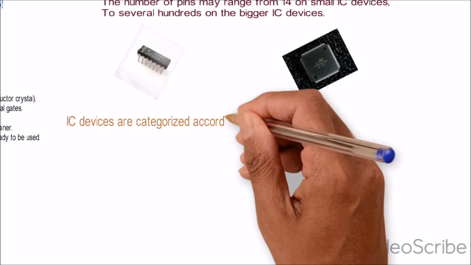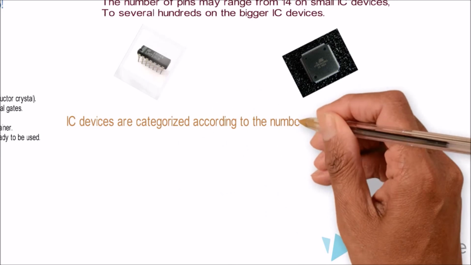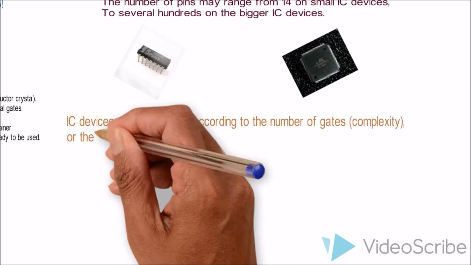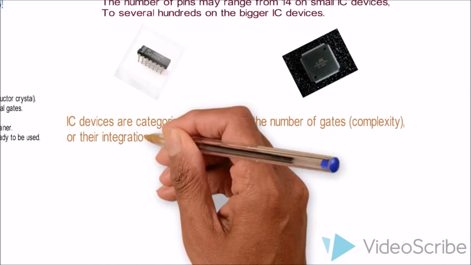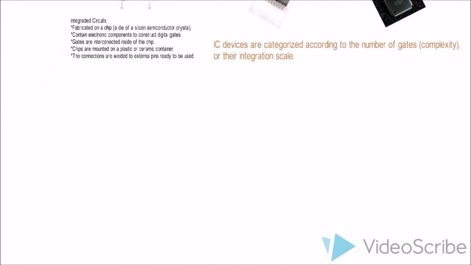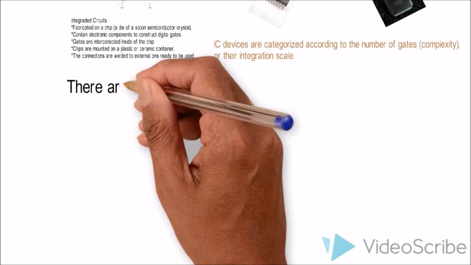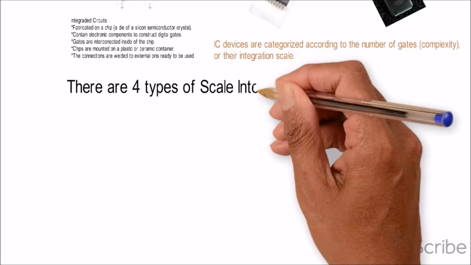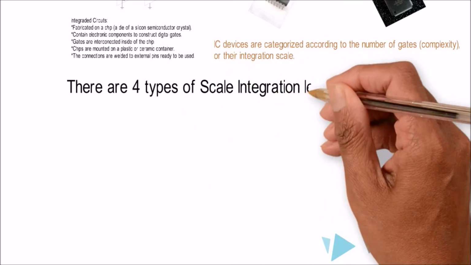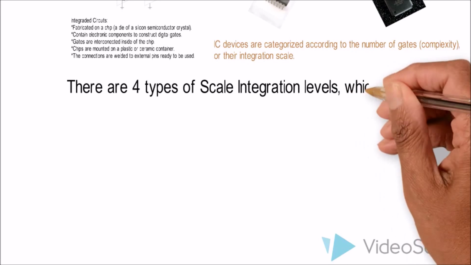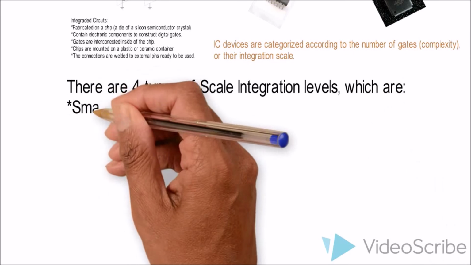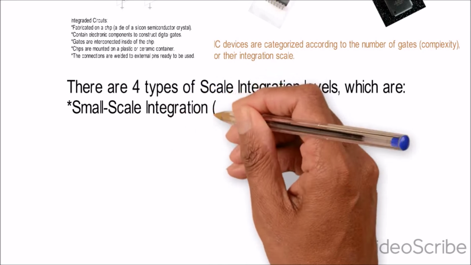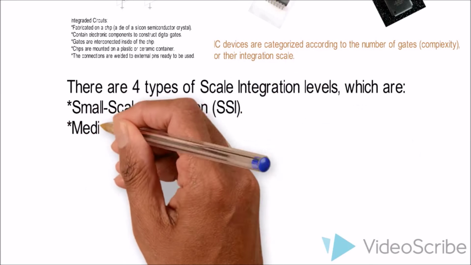The integrated circuit devices are categorized according to the complexity of their circuits, and also to the scale of integration level. There are 4 types of scale integration level, which are the small scale integration, or the SSI.